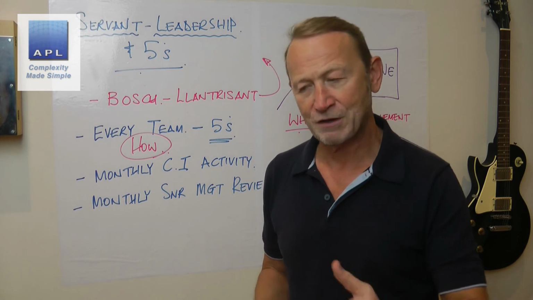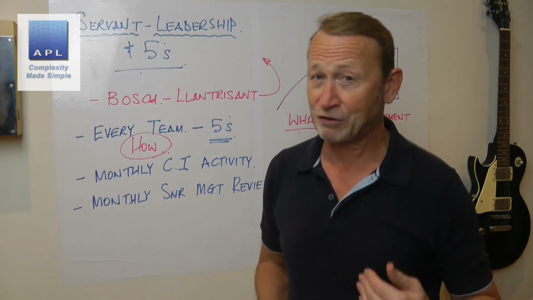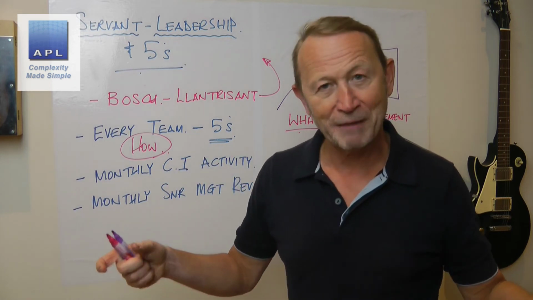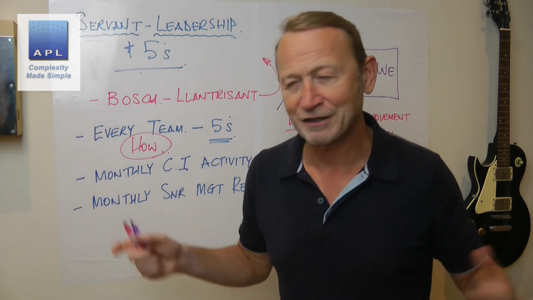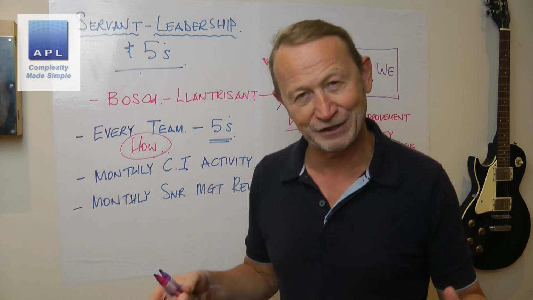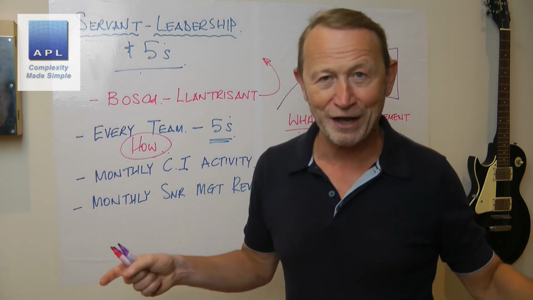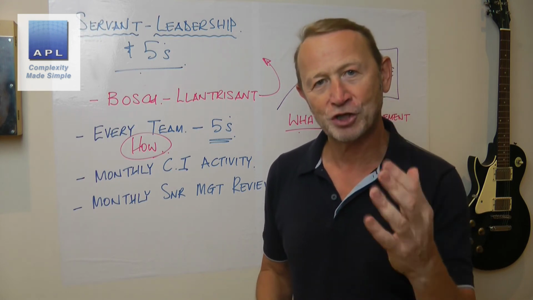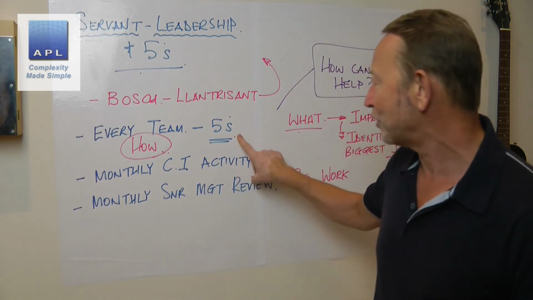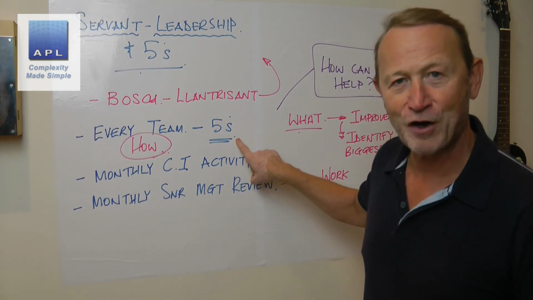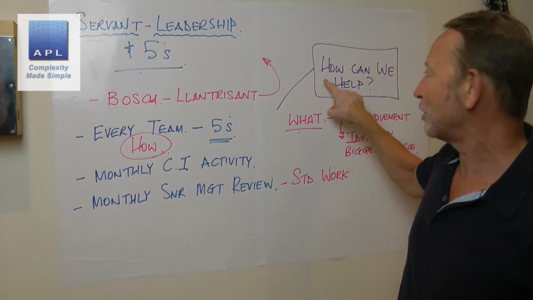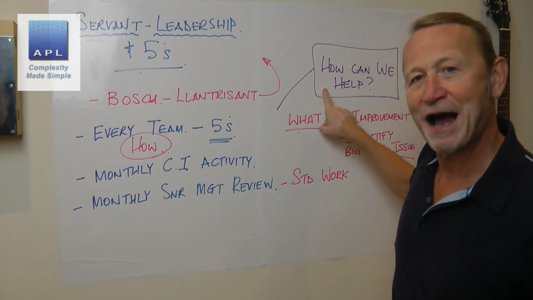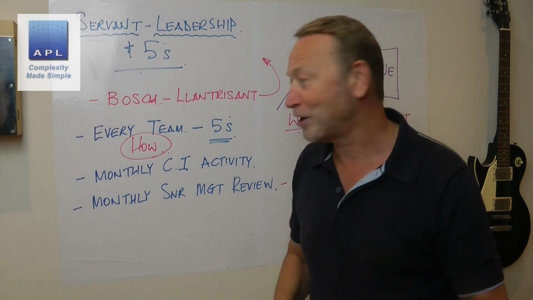Their equipment, I think, lasted twice as long as the budgeted plan. They were planning to use assembly equipment for about 3 years. I think they ended up using the equipment for 8 years because it was in such great condition and working so brilliantly. They made buckets and buckets of cash from their 5S, by being servant leaders and asking the question, how can we help?